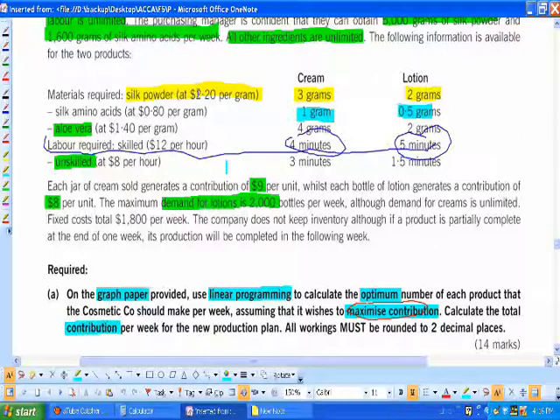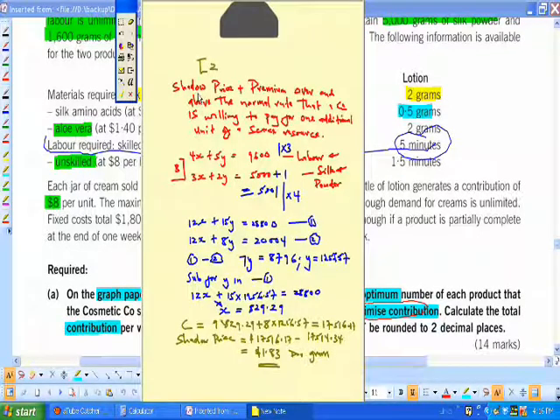So they will have to pay a total of 2.2 plus 1.83, which gives you 4.03 per gram. So that's what they mean by a shadow price.